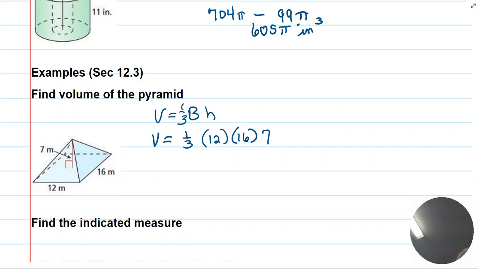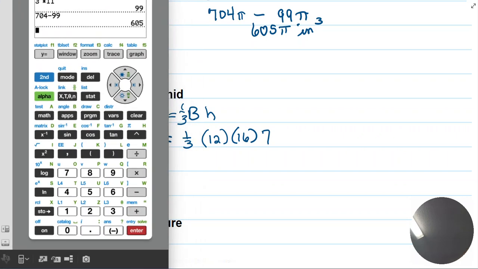All right. Now let's do the math. I'm going to do the 12 times the 16 times the 7, and then I'm going to divide all of that by 3. 448.